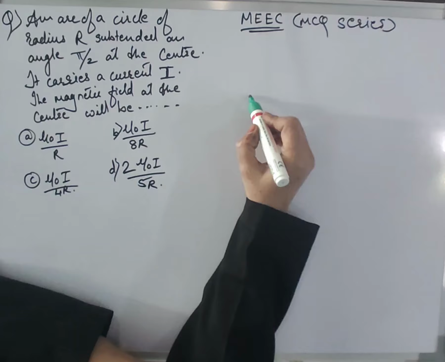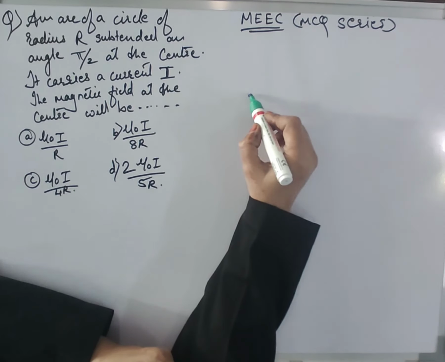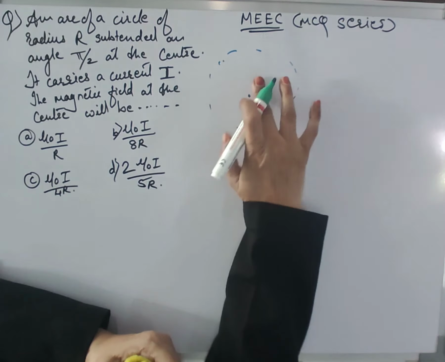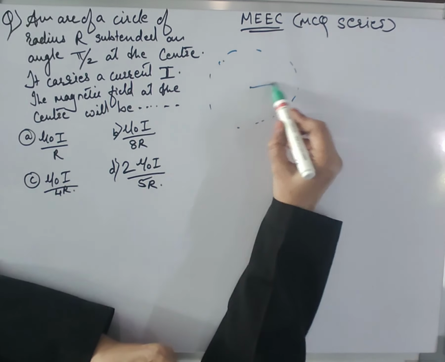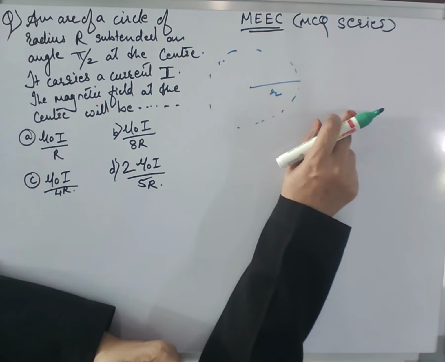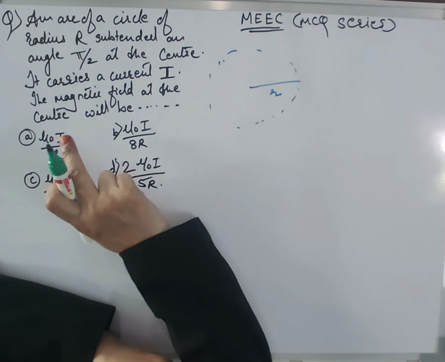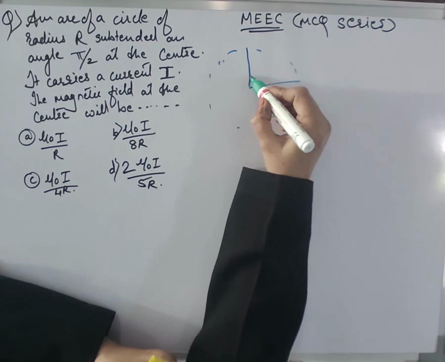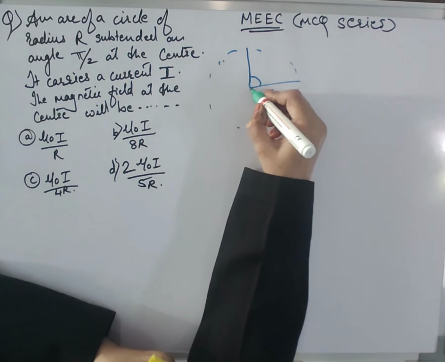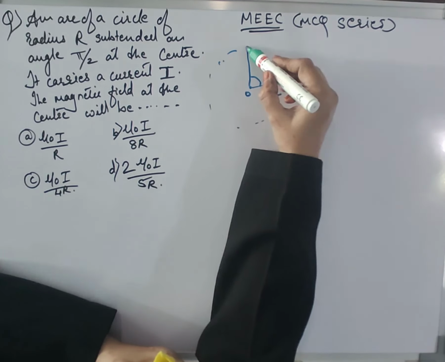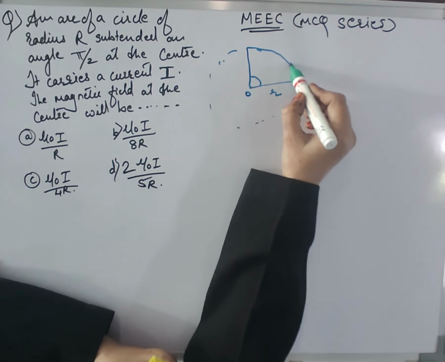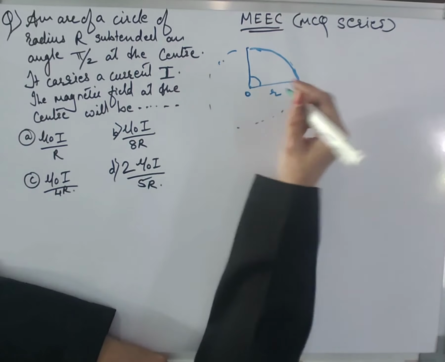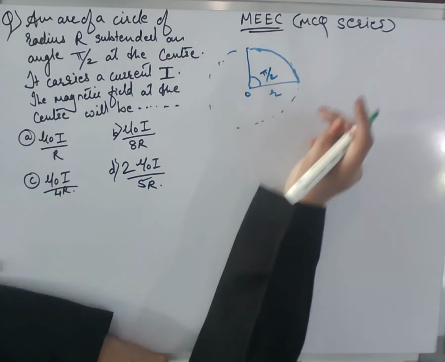Radius r means this could be the center of the circle, and this is the radius. It subtends the angle pi by 2 at the center. If this is point O, this is the arc we are speaking about, subtending an angle of pi by 2.